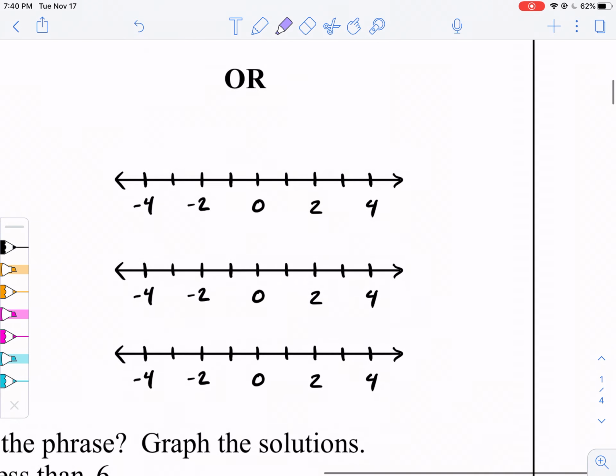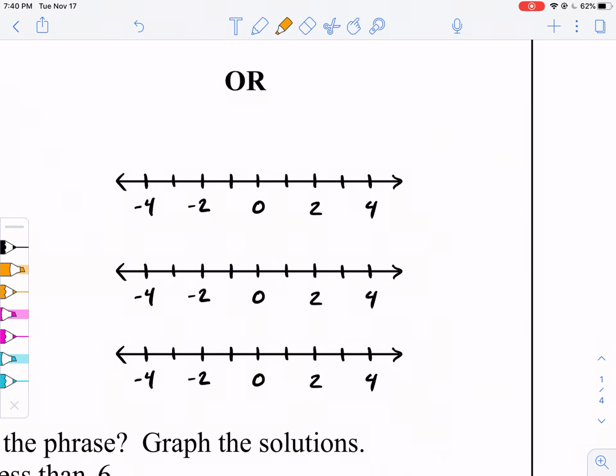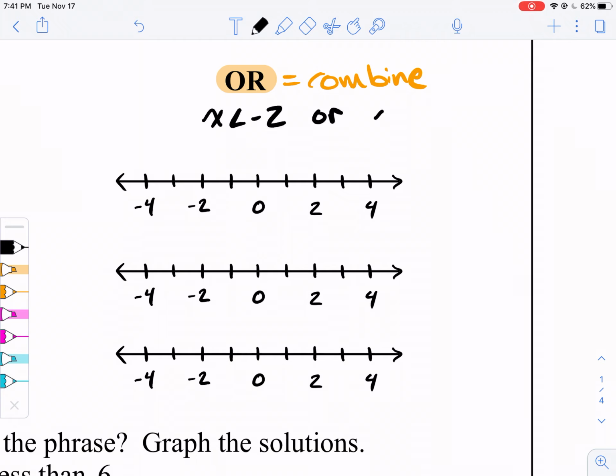"Or," on the other hand, is going to be separate. "Or" is when you're just going to have to combine two distinct ones, right? So if we looked at x is less than -2 or x is greater than or equal to 1. Well, if you have x is less than -2, that's that way.